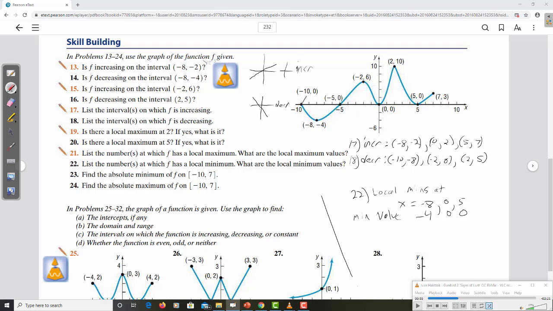Similarly, if we look at maximums, local max at x equal, see, the places where it has a local maximum are at -2 and at +2.